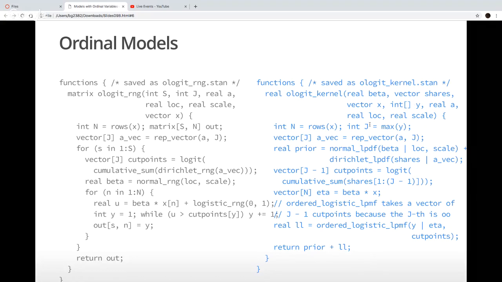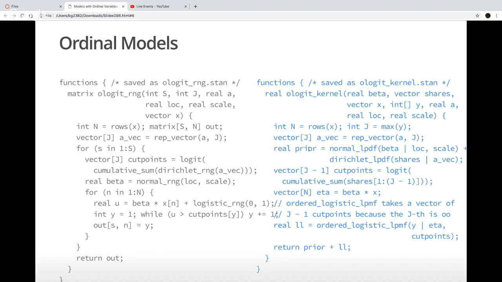In any event, the maximum category is going to be the number of possible things that y could be. So we do what we did before, expanding out our concentration parameter to a vector of shape parameters that go into our Dirichlet prior.